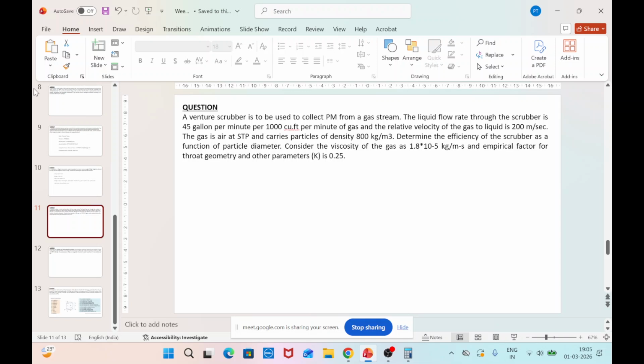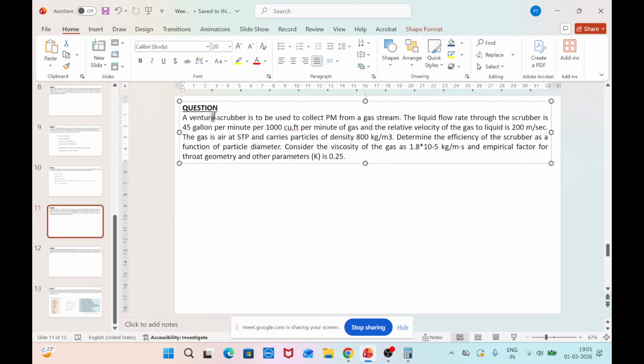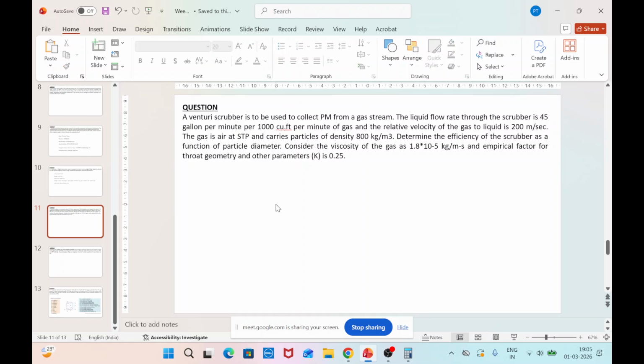So what's the formula for calculating the efficiency of a venturi scrubber?